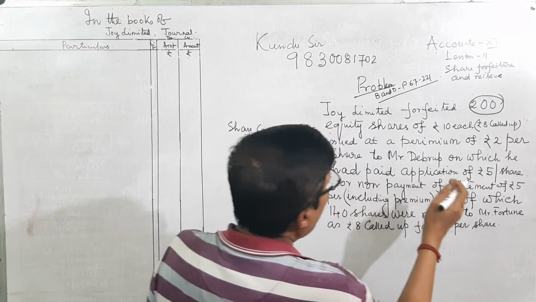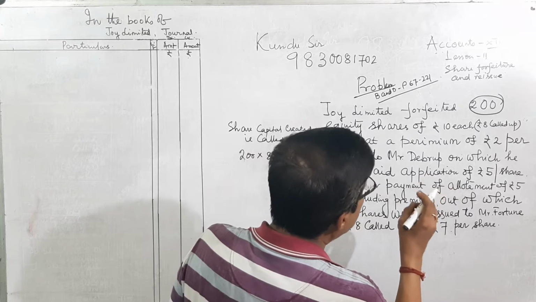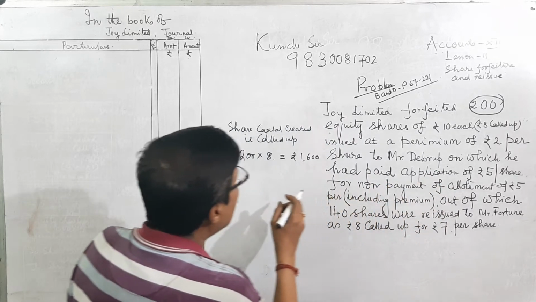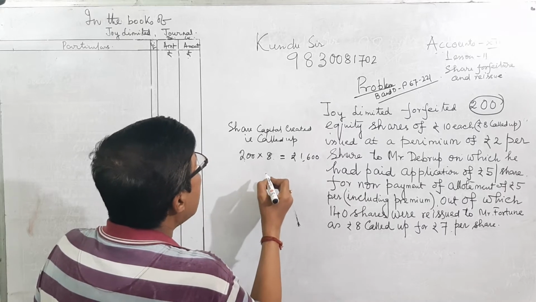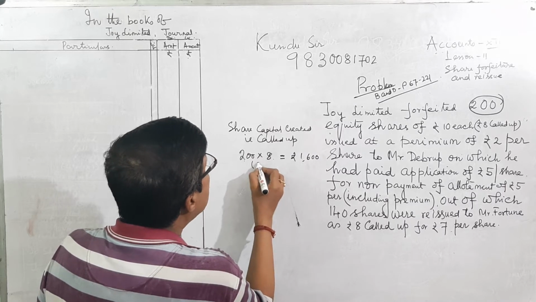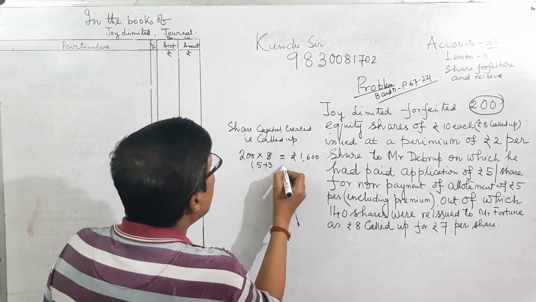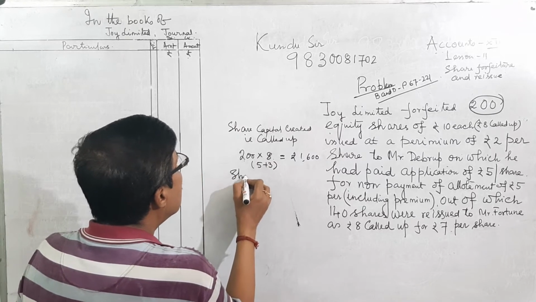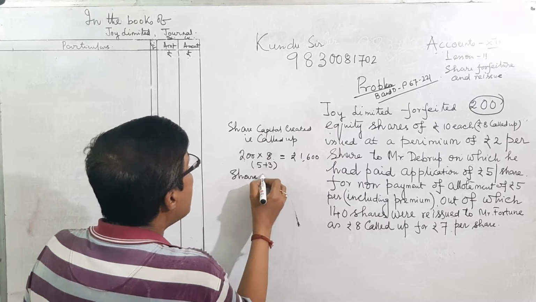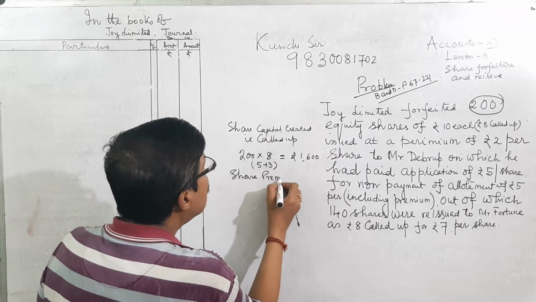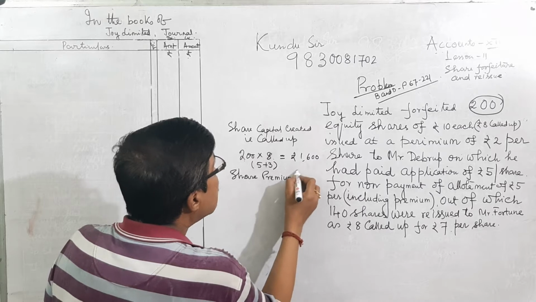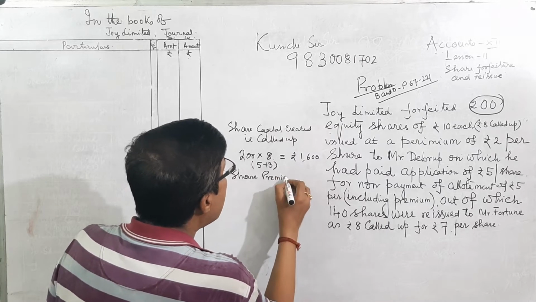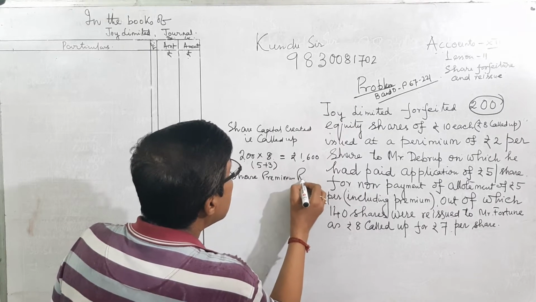That is equal to application 5 rupees and allotment 3 rupees, 5 plus 3 equal to 8, and share premium reserve account.